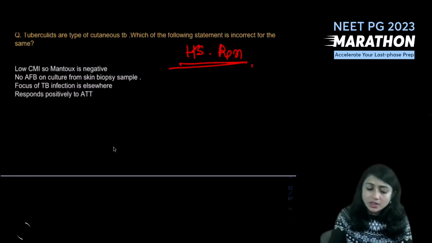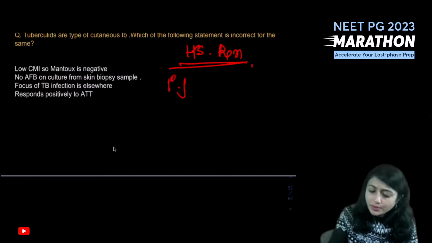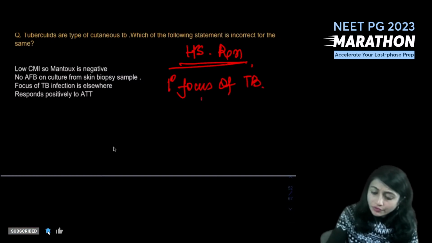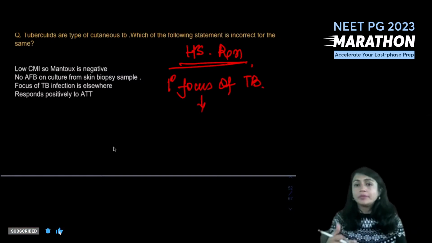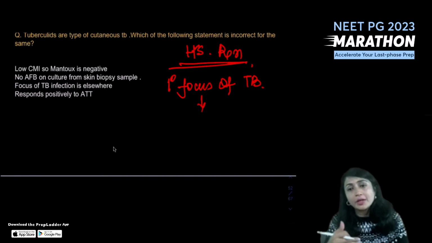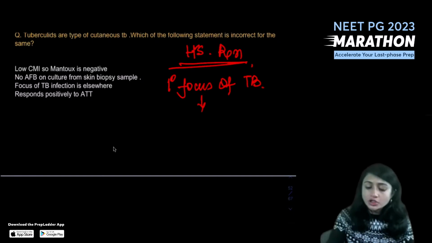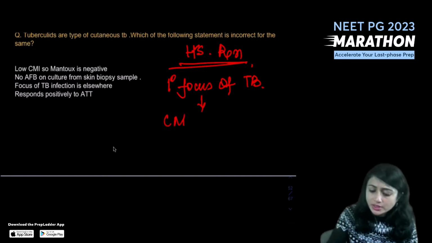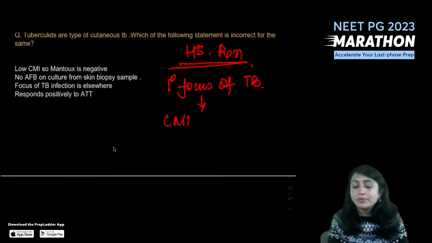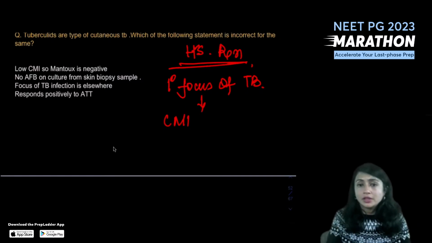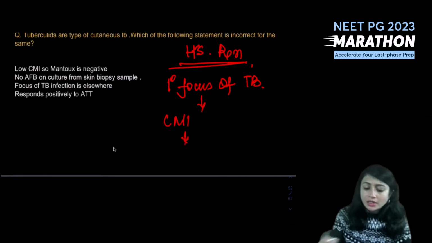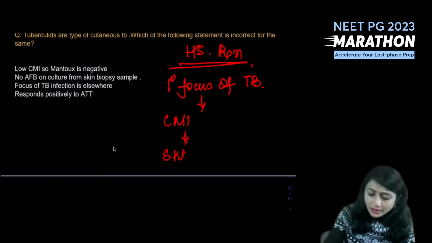So in this, what happens? Usually there is a primary focus of TB elsewhere from where the MTB or some remnants are released, to which my body mounts a CMI response, or cell-mediated immunity. And when that mounts, it leads to development of skin lesions.